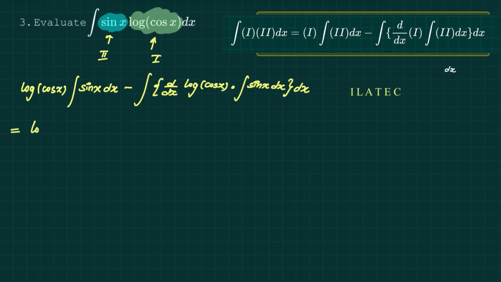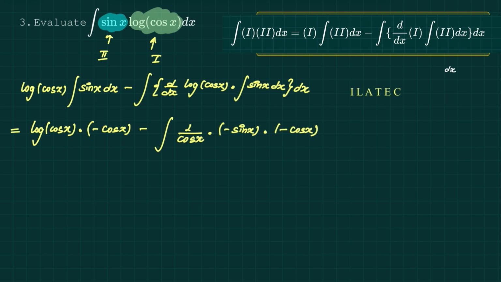This equals log of cos of x into integration of sin x is minus cos x, minus integration of d/dx of log cos x is 1 by cos x, and due to chain rule d/dx of cos x is minus sin x, into integration of sin x is minus cos x, and dx. So here cos x and cos x got cancelled.